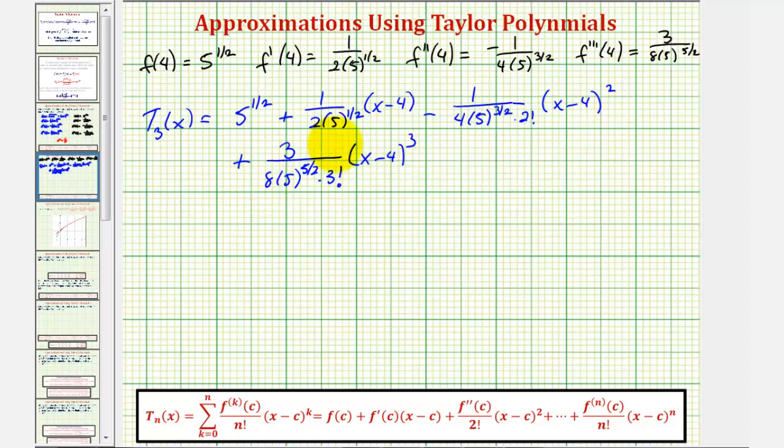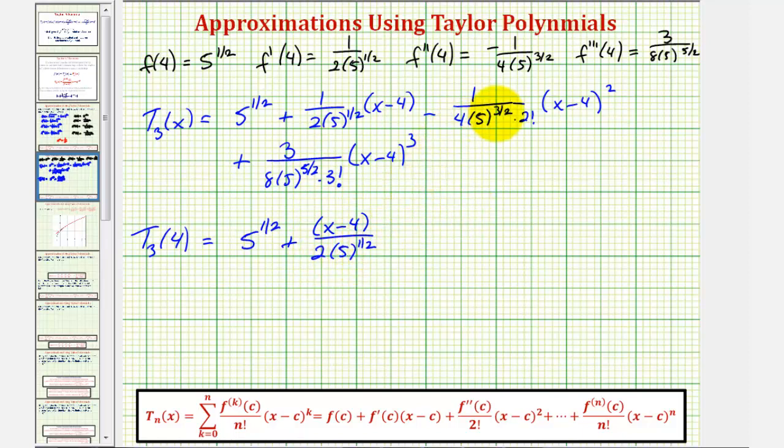And now let's go ahead and simplify this. First term is 5 to the 1/2. We could write that as a square root of 5, but let's just use rational exponents. So we have 5 to the 1/2 plus, because the numerator is just 1, we can write this as the quantity x minus 4 divided by 2 times 5 to the 1/2.